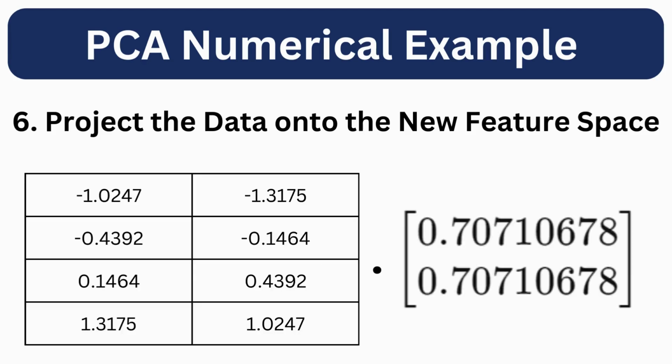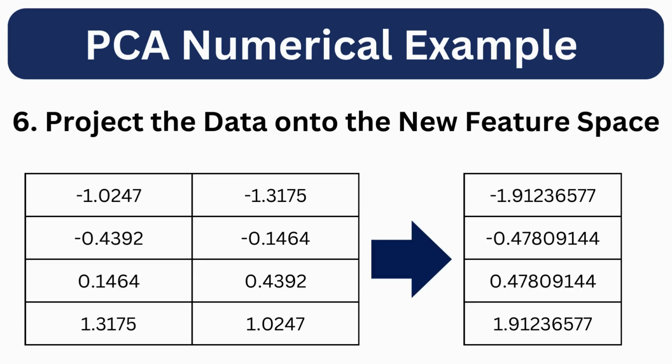To transform the data, we will take our standardized data and multiply it by our eigenvector. As we can see, the data has been reduced to a single dimension. So this is the basic principle on which principal component analysis works.